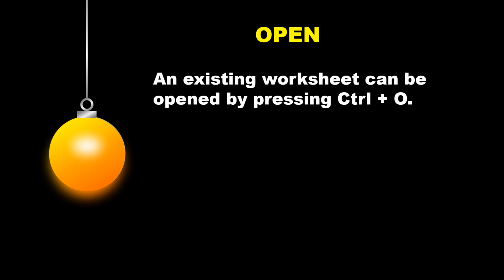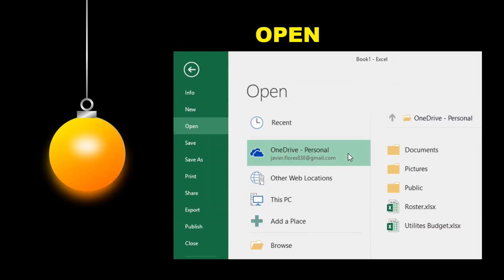If you already have a worksheet and you want to continue working with that worksheet, then you can open the worksheet by selecting File, Open option, or using the shortcut key combination Ctrl plus O. When you select the Open option, you must provide the location of the worksheet.